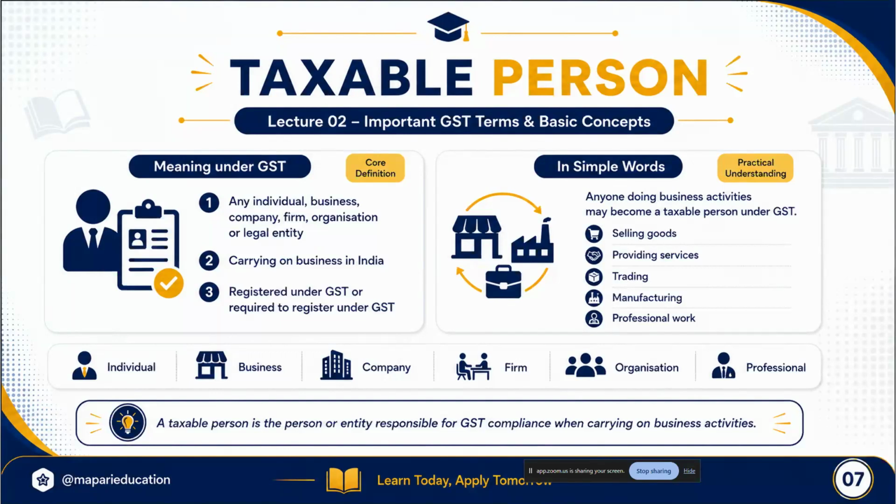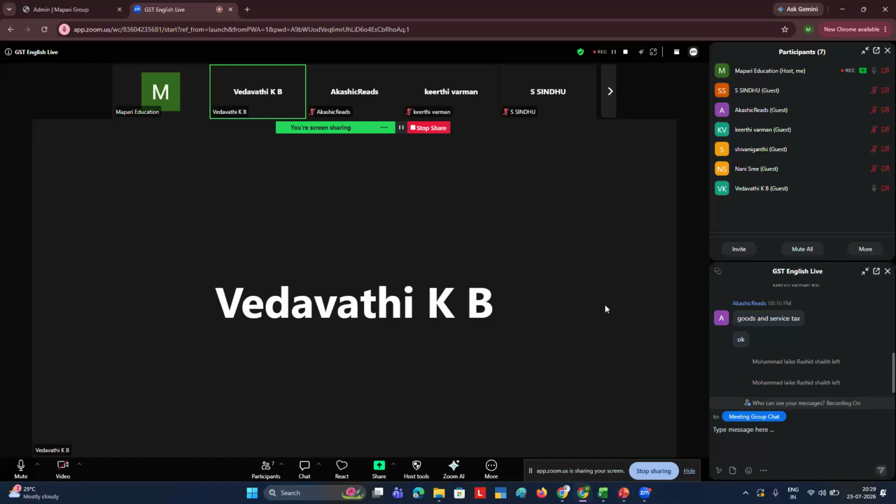So can I say every registered person is a taxable person? Confirm again. Every registered person is a taxable person or not? Anyone there? Every registered person can be the taxable person?